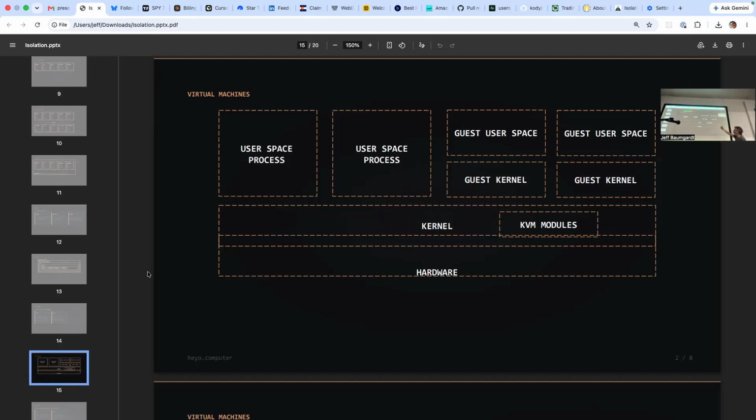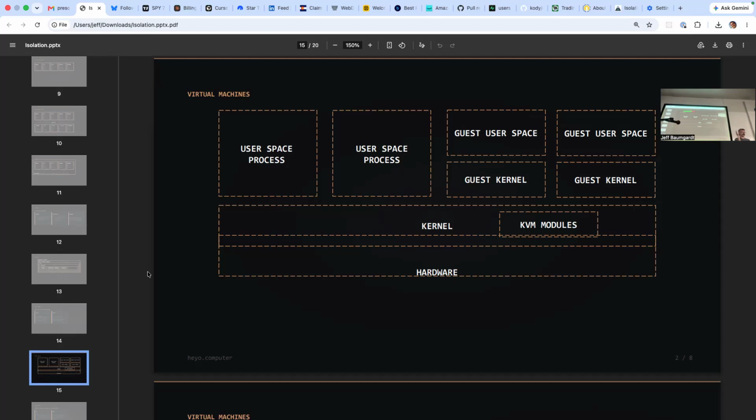But the key thing on this diagram is really that programs and applications are running in user space on top of the kernel. When you boot a VM in KVM, it's going to create an entire guest kernel, and then the user space sits on top of that.